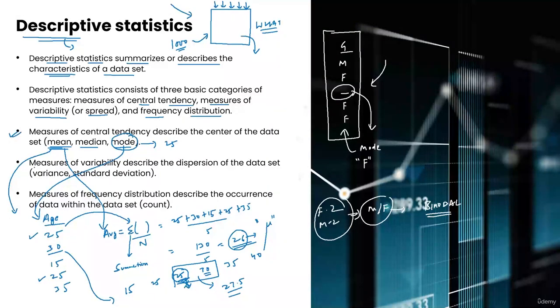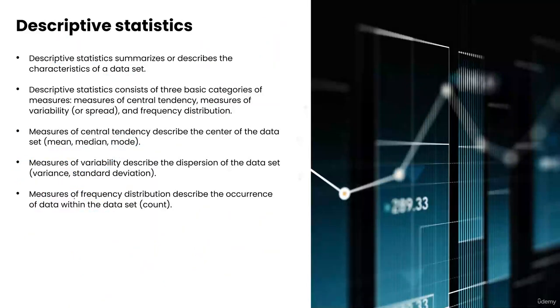Next is going to be measures of variability. They describe the dispersion of the data set, which is variance and standard deviation. Now, what exactly is standard deviation and what is variance? Definitely, we will be understanding in depth in some of our future videos, using mathematical examples as well.